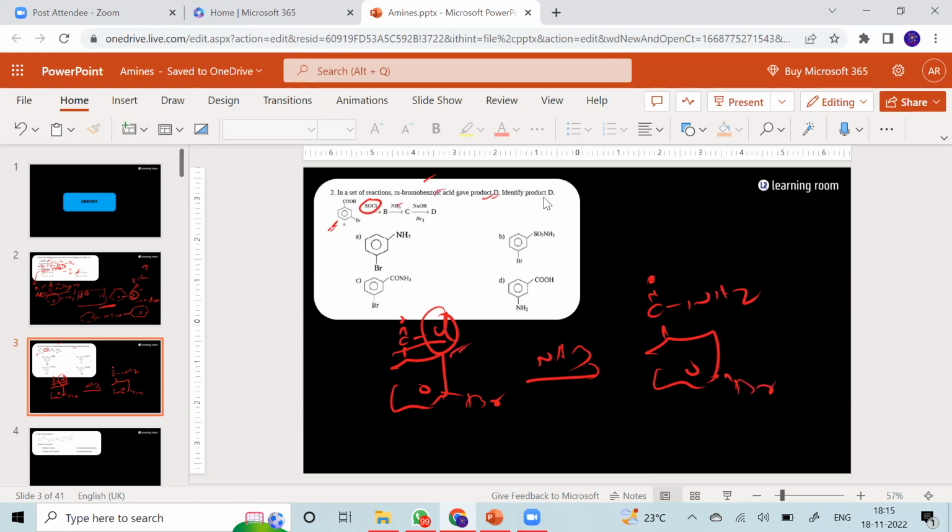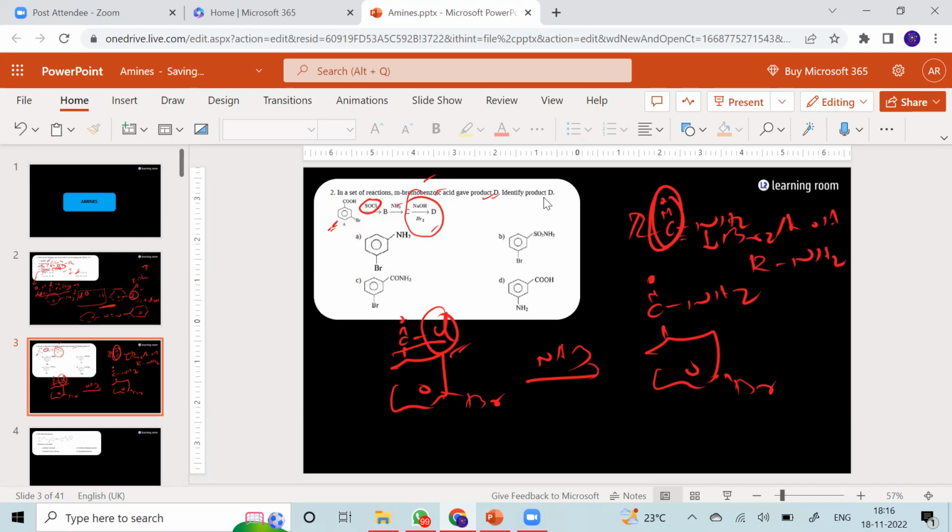And then NaOH with Br2. What reaction is this, guys? Yes, Hofmann bromamide reaction. If I have R-C double bond O NH2, and I go for Br2 and KOH or Br2 and NaOH, one carbon atom will be lost and you form RNH2.